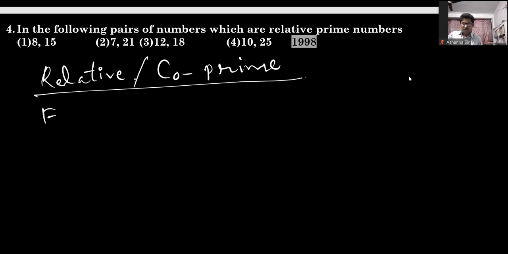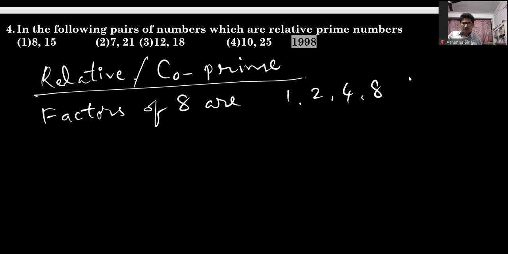So that's why we have to know factors first. Factors of 8 are 1, 2, 4, 8. Factors of 15 are 1, 3, 5, 15.